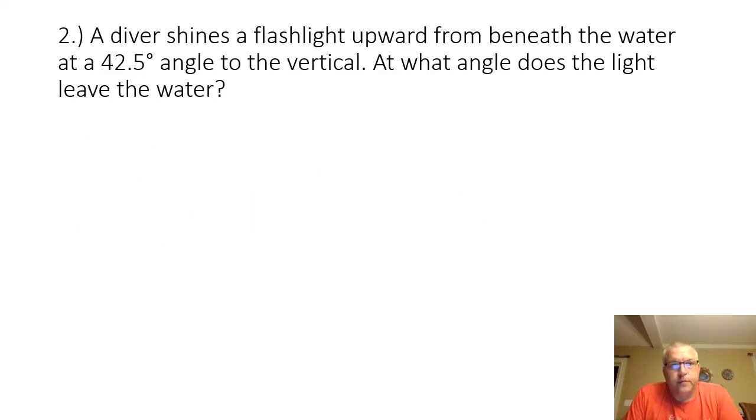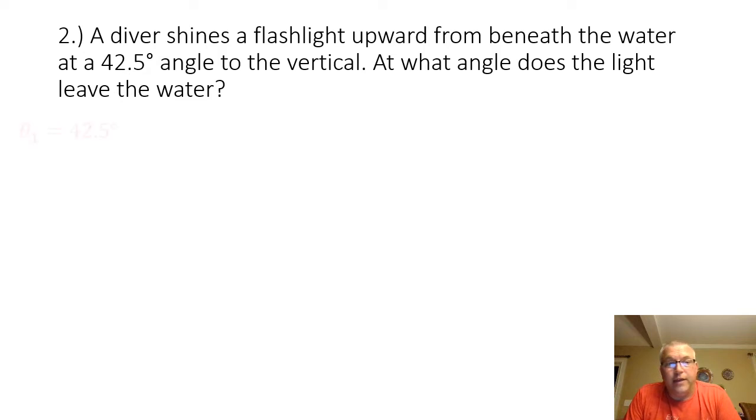Problem number 2. A diver shines a flashlight upward from beneath the water at a 42.5 degree angle to the vertical. At what angle does light leave the water? So the light starts off in water and travels to air. My incident medium is the water, my refractive medium is the air.